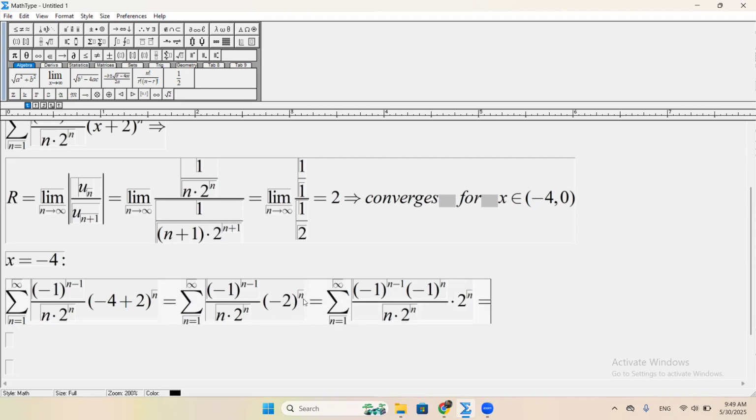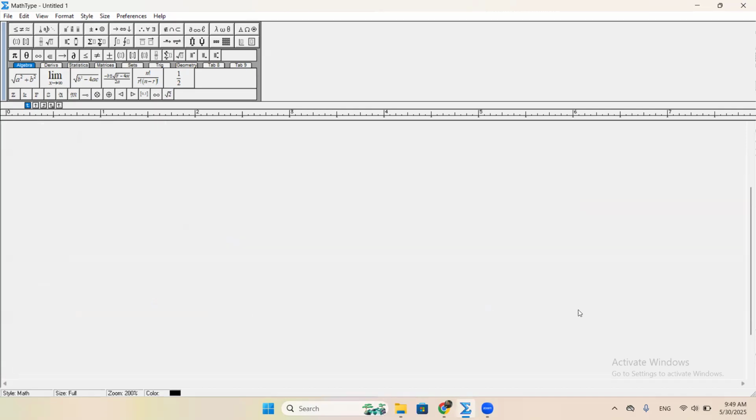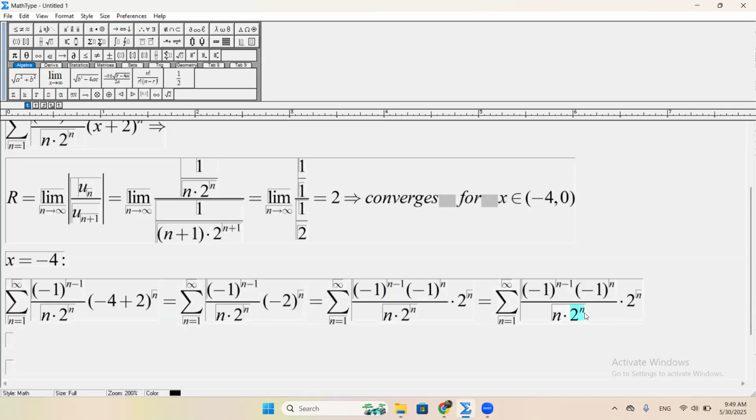And now let's simplify this series. So 2 in power of n will be cancelled. Here I will have -1 in power of 2n minus 1, so it will be equal to -1 always.